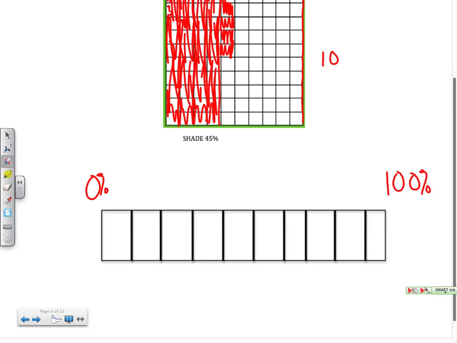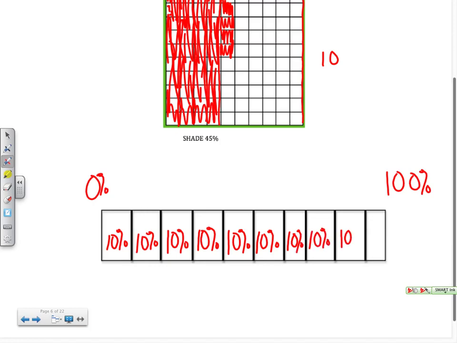Each small piece then must represent 10%, because if I put all of these together, 10 plus 10 is 20, plus another 10 is 30, plus another 10 is 40, and so on. If I counted up all these 10%, I get 100% in all.